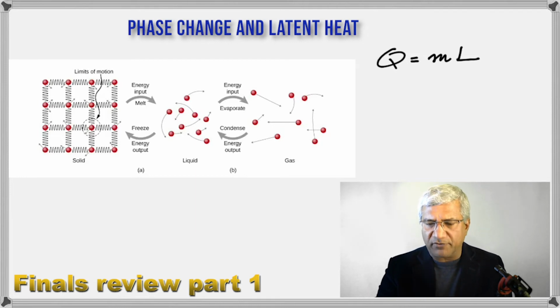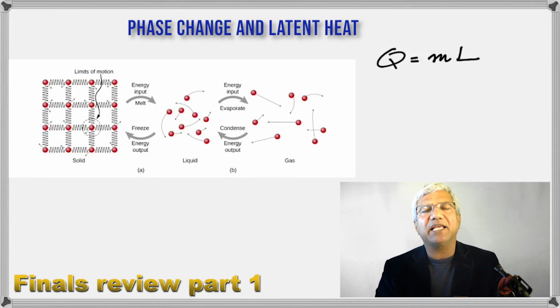And the formula for quantity of heat required is just the product of mass and the latent heat. For example, the latent heat of ice is 80 calories per gram. What does that mean? To change 1 gram of ice into water, it needs 80 calories. So what if you have 2 grams? Well, then it needs 160 calories.